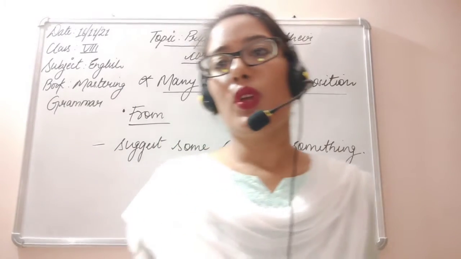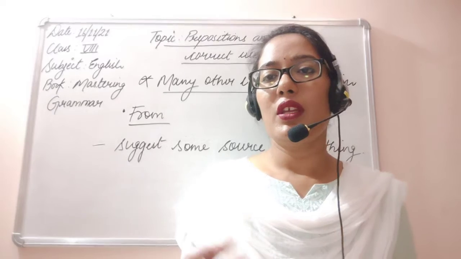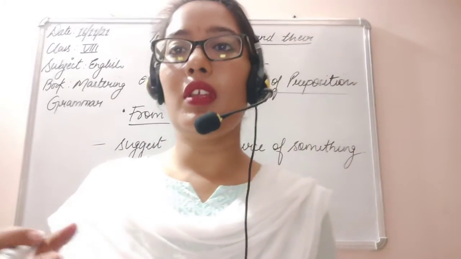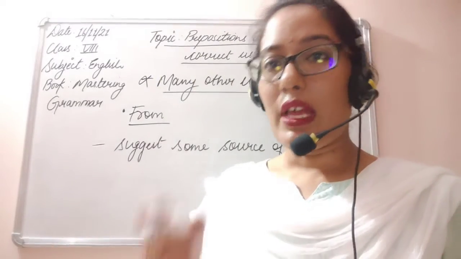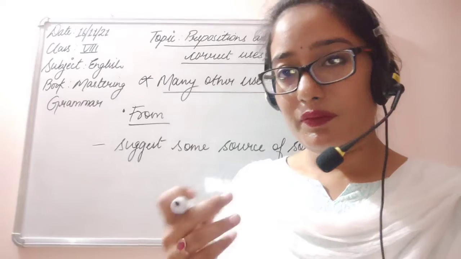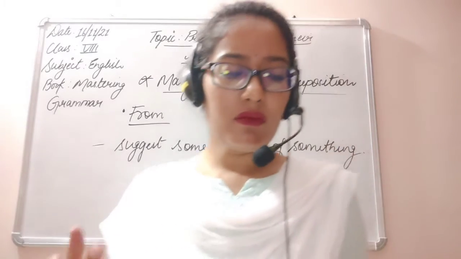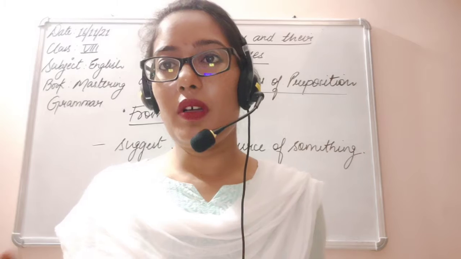Sometimes she talks of you. So she is talking about you, a person. So of is also used when you are indicating some person or thing.